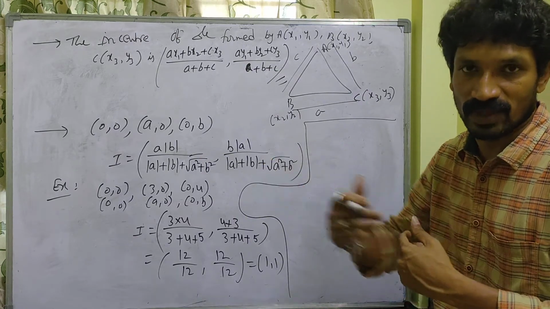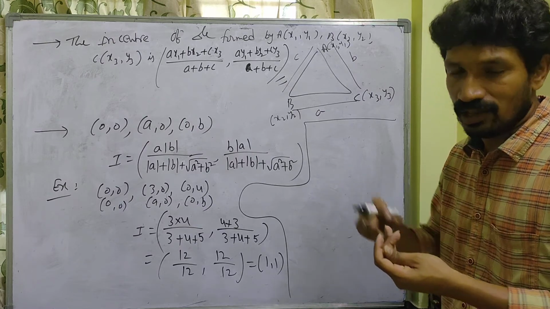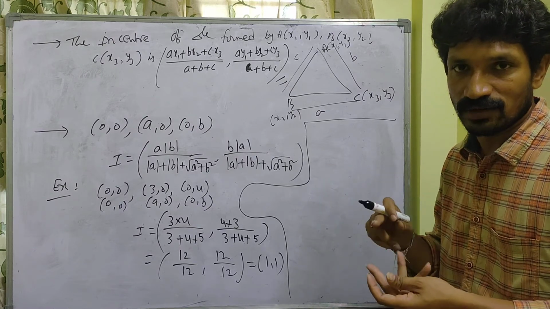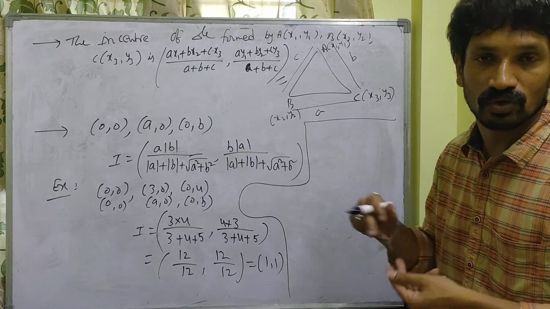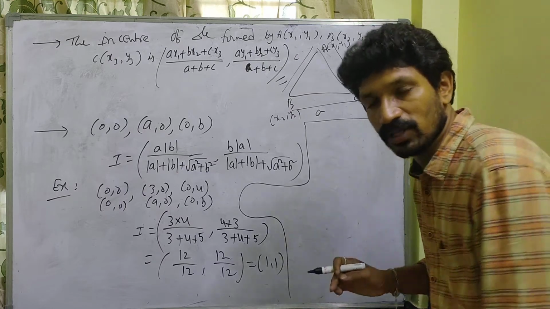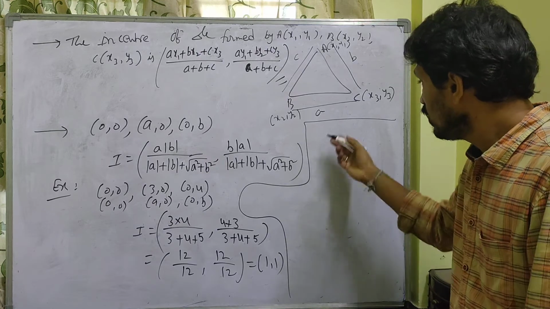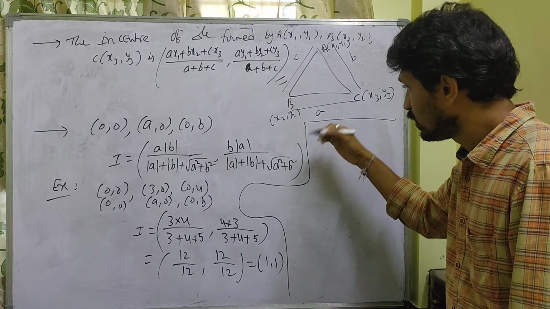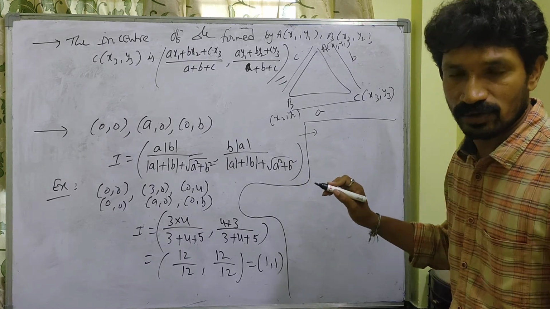One by one I am explaining that. If it is an equilateral triangle, all the centers, orthocenter, circumcenter, centroid and incenter all are coincident. So then use the centroid formula, that is the best formula: x1 plus x2 plus x3 by 3, y1 plus y2 plus y3 by 3. Whenever you have an equilateral triangle, you know the centroid directly.